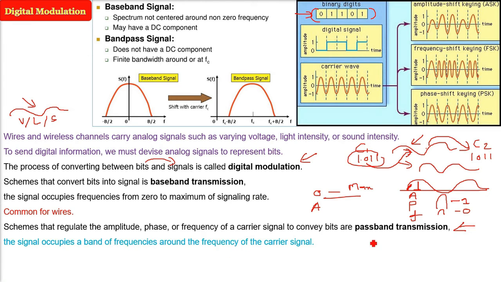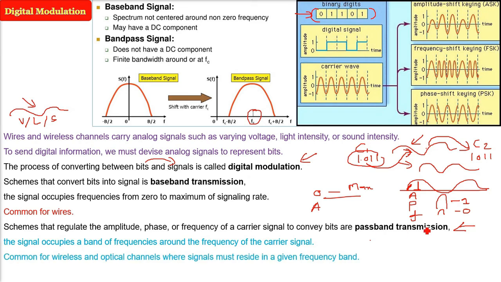This is the central frequency I am talking about. This is very common for wireless and optical channels, where the signals have to reside in a given frequency band. There is a particular frequency band and the signals have to reside inside it.